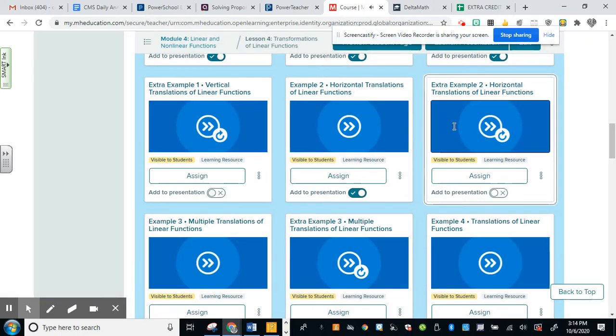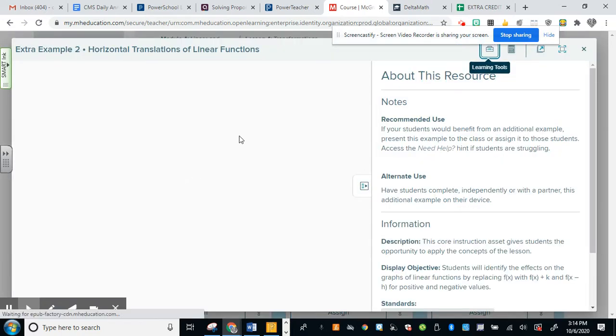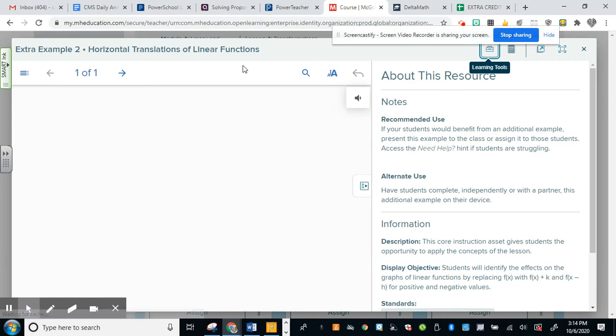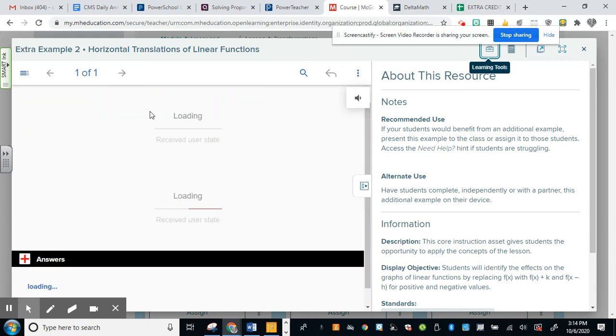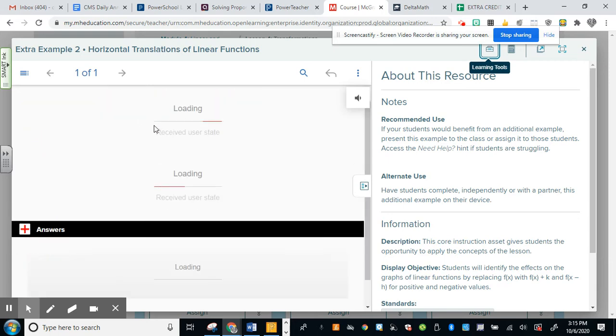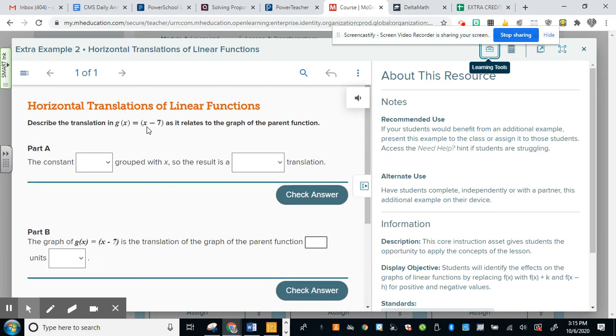Another extra example. Here we'll probably see some hugs, some parentheses, hugs for horizontal. So notice the x minus 7 is in parentheses. That means it's a horizontal shift. So it is grouped with the x, grouped meaning they have the parentheses.